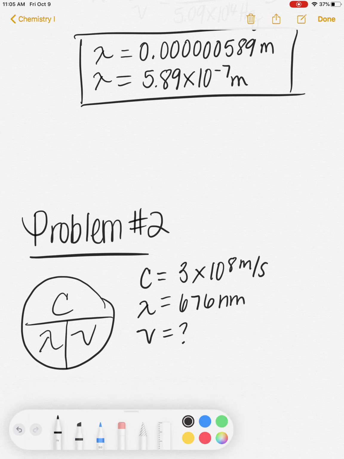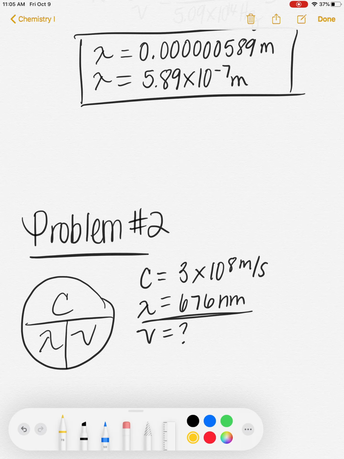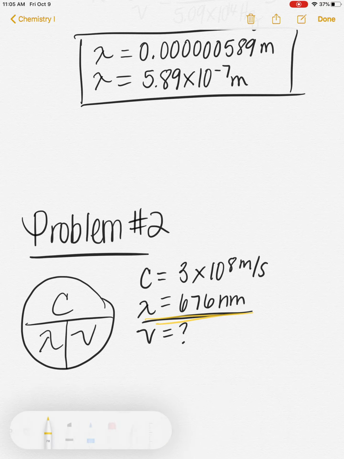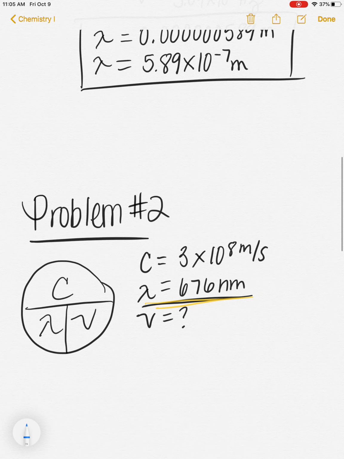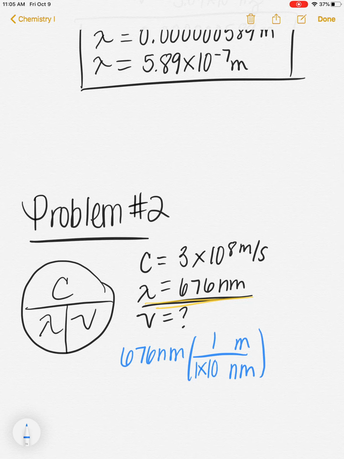Now, before I even begin with the pie chart, I need to recognize that there's an issue here with my lambda because I cannot use nanometers. So I need to first convert 676 nanometers to meters. Remember, you put the unit you want to lose on the bottom, the unit you want to go to on top. 1 meter is 1 times 10 to the 9th nanometers.